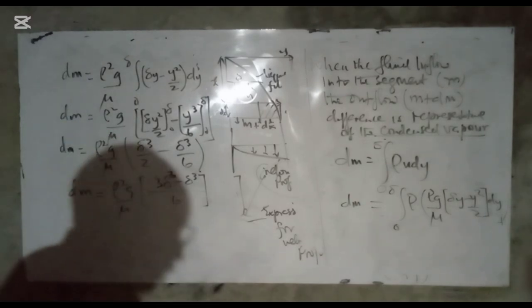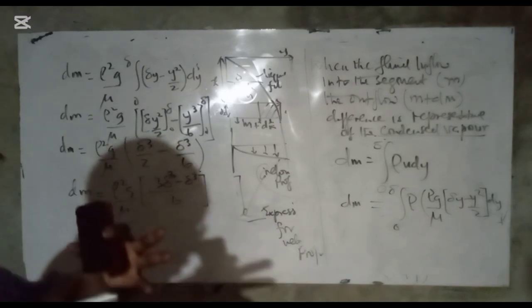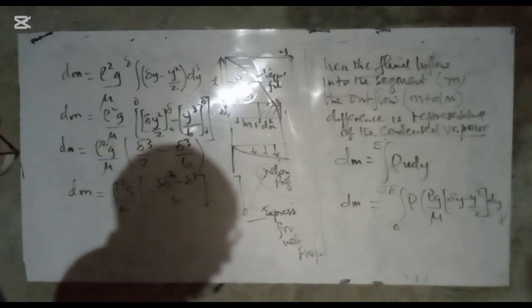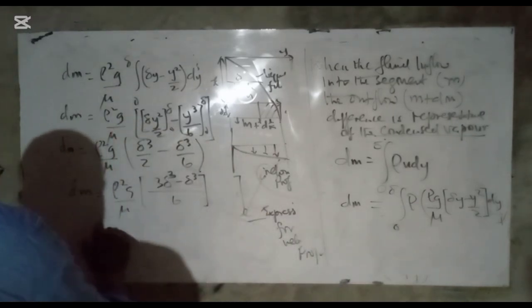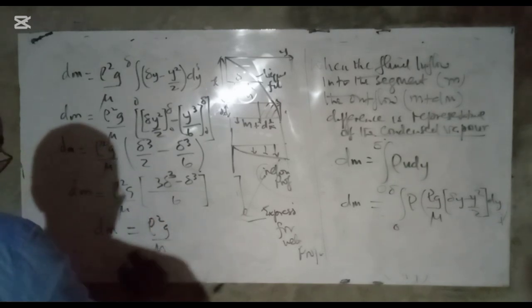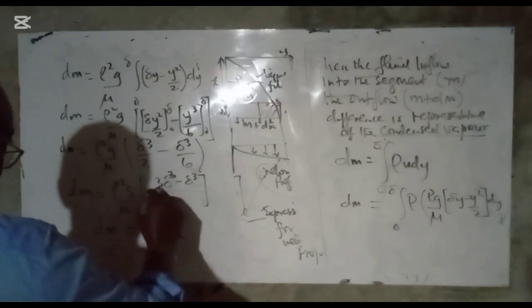And of course, don't forget sigma is thickness. Always remember the actual meaning of that particular symbol you're dealing with. Otherwise, it becomes very abstract. Then you lose track of what you're doing. So dm is equal to rho squared g over mu, sigma, times 2 sigma cubed over 3.